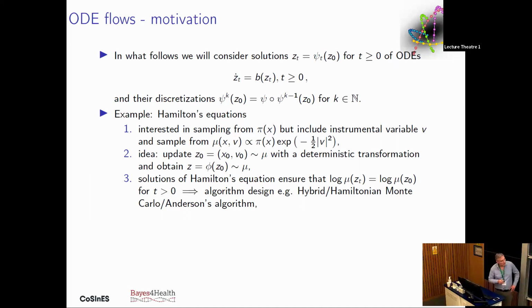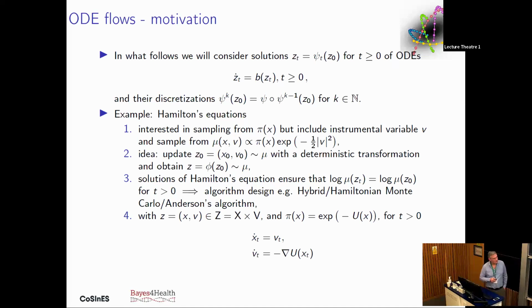In particular, they are designed in such a way that the density along the solution of the ODE, provided it exists, doesn't change. This is the main idea behind many of these HMC, Hamiltonian Monte Carlo, algorithms.